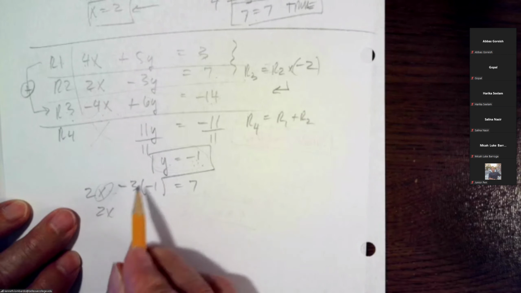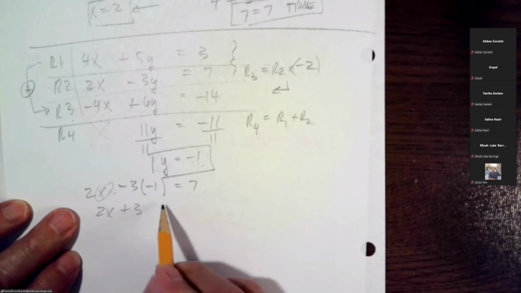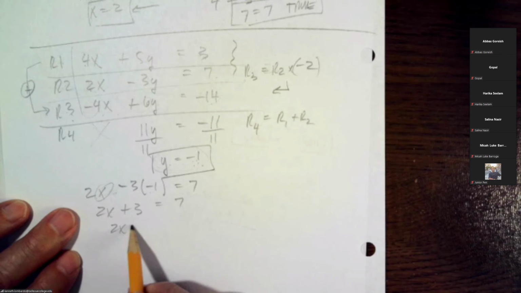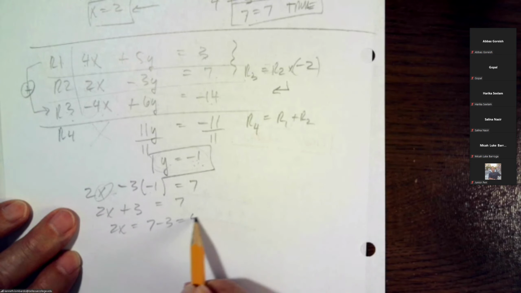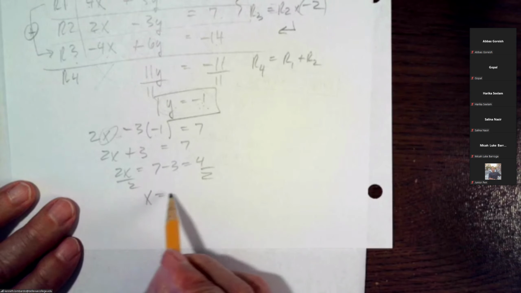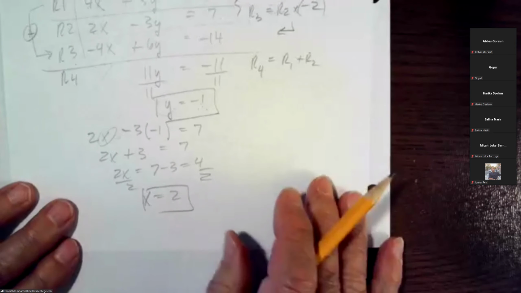So 2x, this is going to be a plus 3 equals 7. And 2x equals 7 minus 3, which is a 4. Divide through by 2, and I get x equals 2.